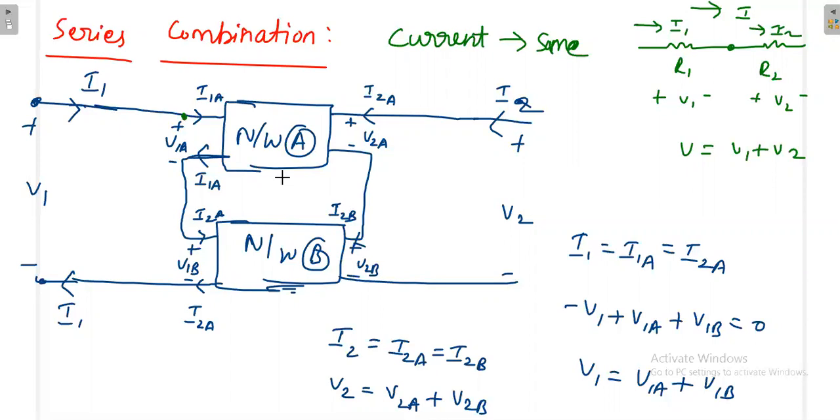If you are given two networks connected in series, and I know the parameters of the individual networks, then with a simple mathematical operation, how do I get the overall Z parameter? Because you will have a parameter for network A, a parameter for network B, and finally you need the overall parameter.